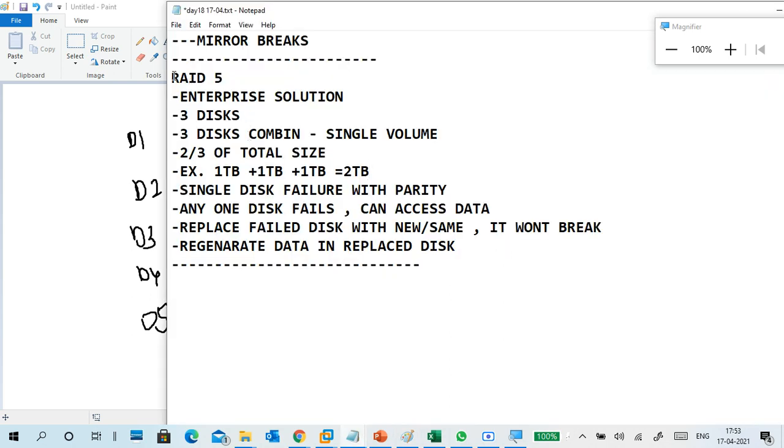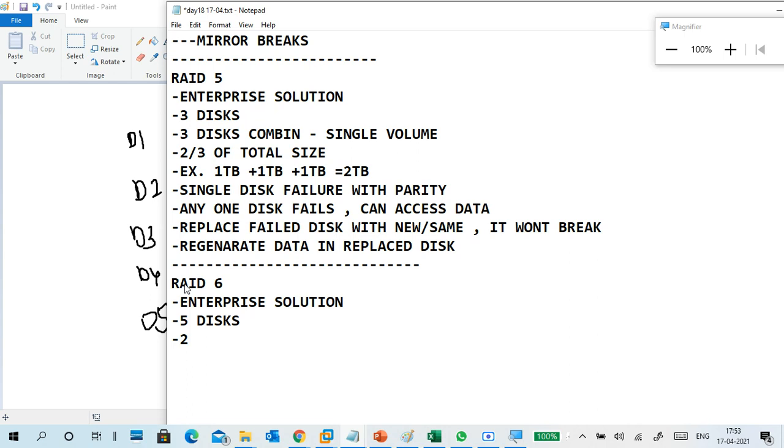So we'll go to that RAID 5, RAID 6. RAID 6 name is RAID 6 only. This is also an enterprise solution. Here we use 5 disks.